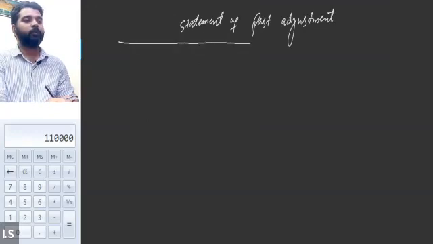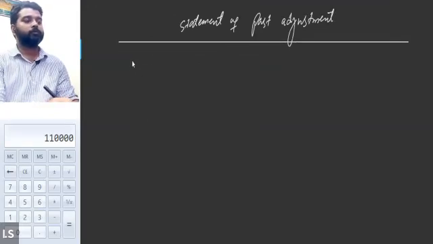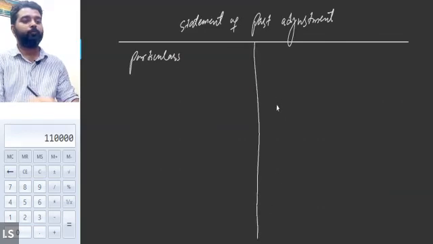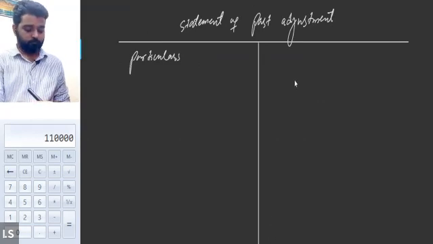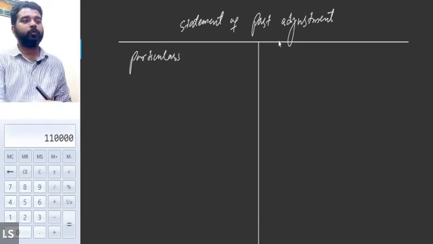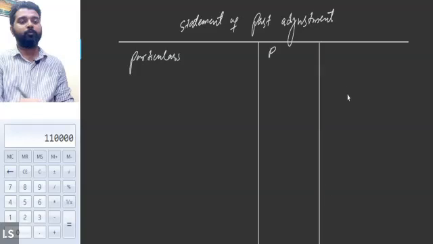We'll write down particulars. And this time we have only two partners given in the question: partner P and partner Q.